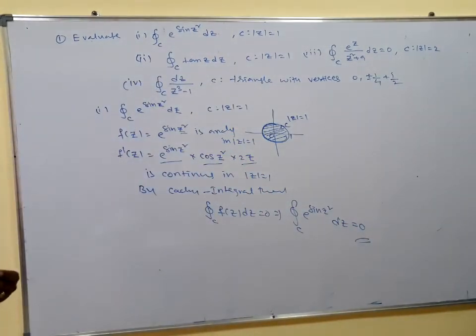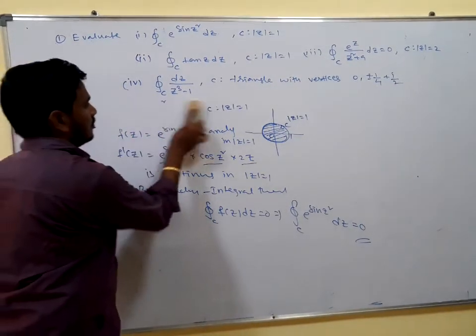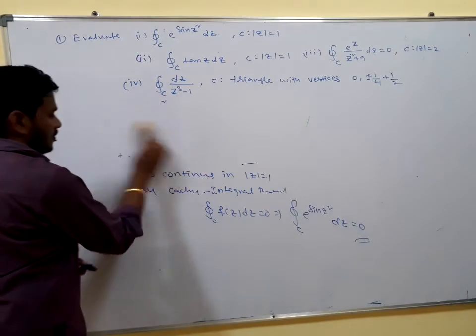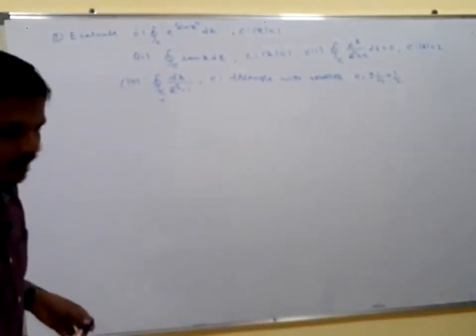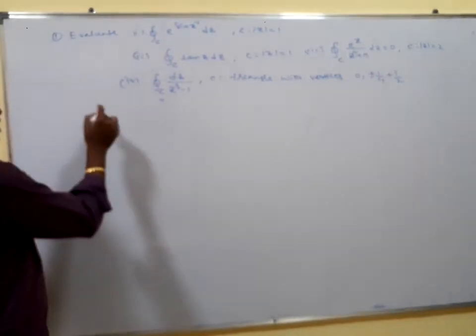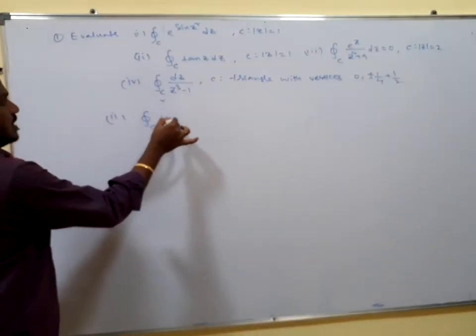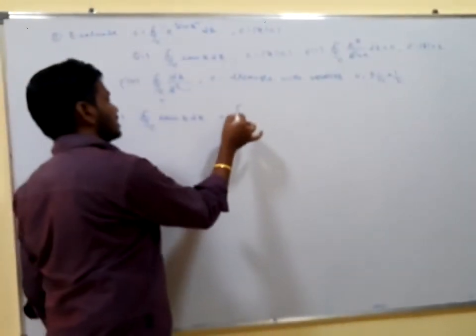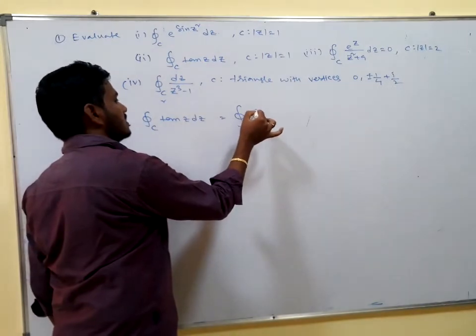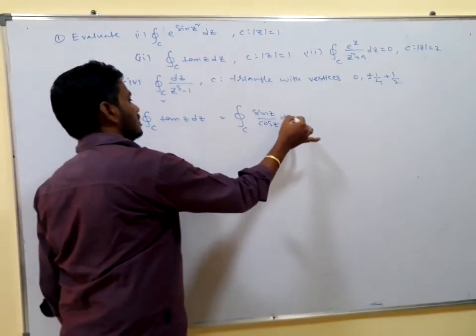Now coming to the second one, integral c tan z dz. Here this can be written as integral c tan z, which is sin z divided by cos z, dz.